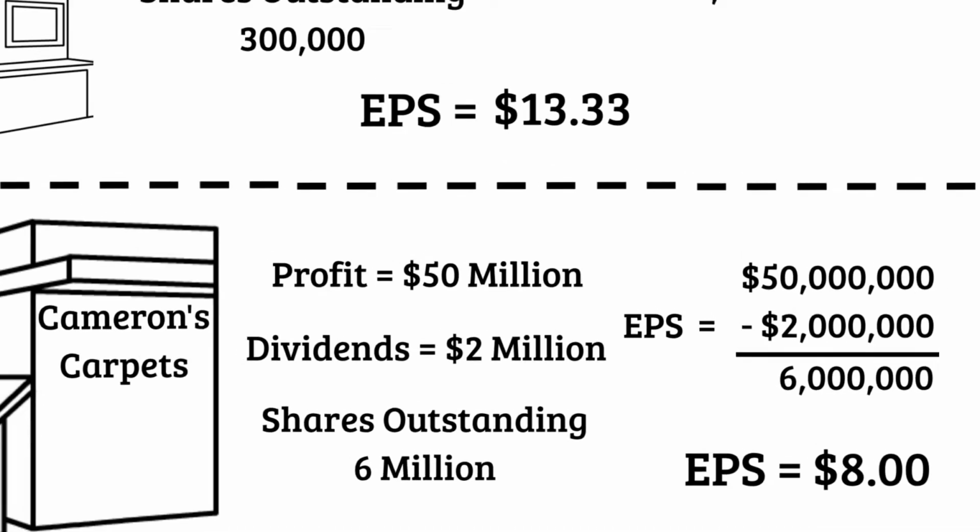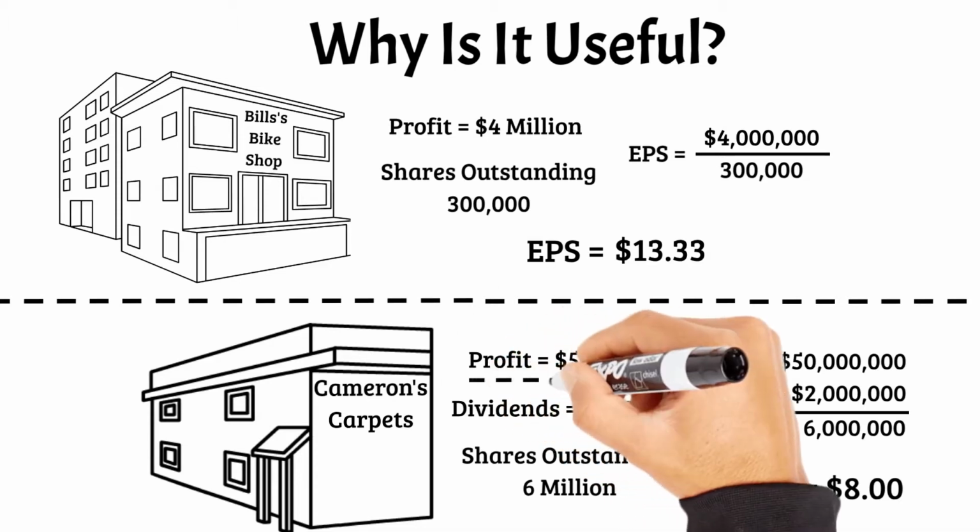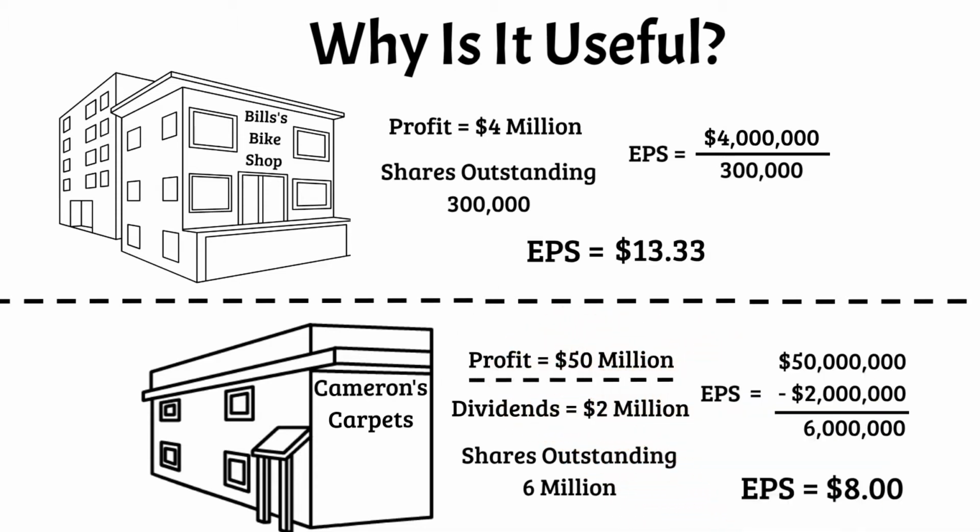Now that we have consistent metrics, we can compare Bill's Bike Shop to Cameron's Carpets. What we see is that even though Cameron's Carpets is a larger company with higher profits, remember they generated $50 million in profit as compared to Bill's Bike Shop, which only generated $4 million in profit, Bill's Bike Shop actually has a better earnings per share figure at $13.33.